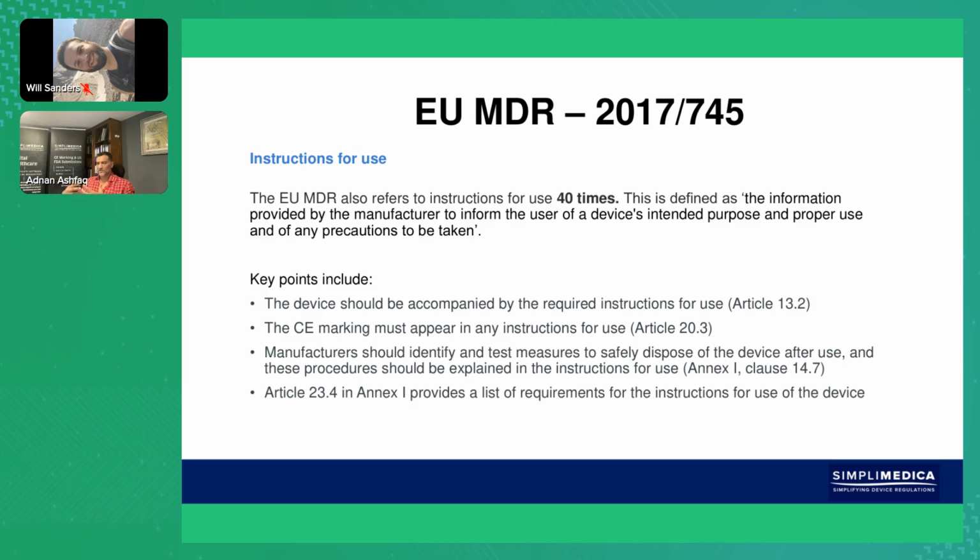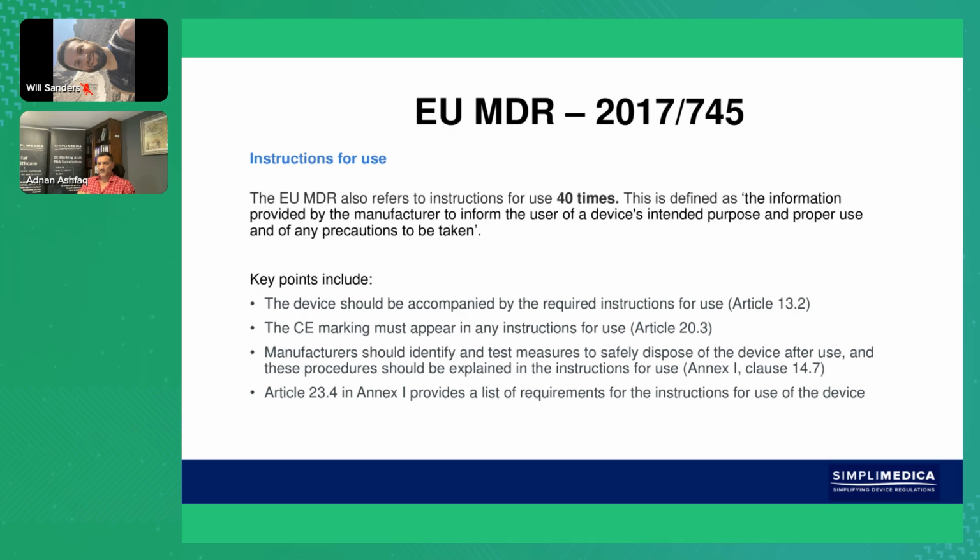We've gone from the space where we've defined it internally amongst ourselves as developers of the device, and now it's going to the user. The instructions for use is user facing, and therefore it has to have what the intended purpose is and what the proper use is, what precautions, contraindications.